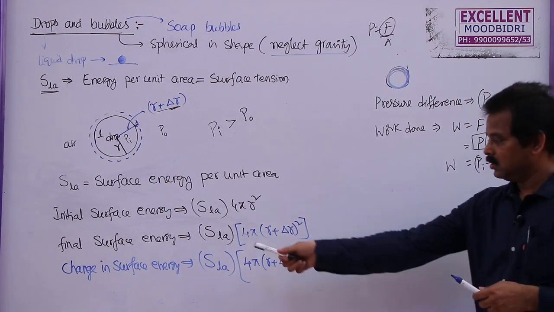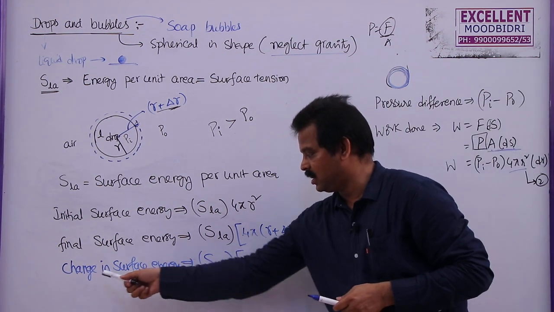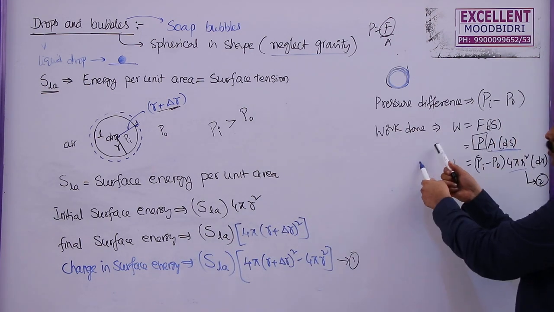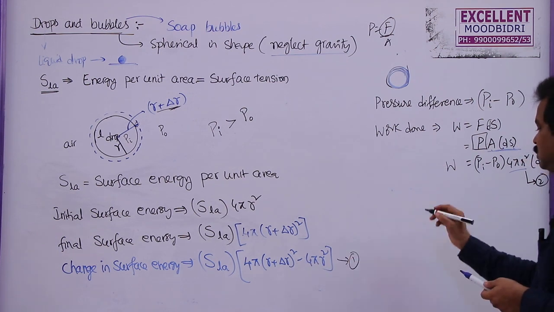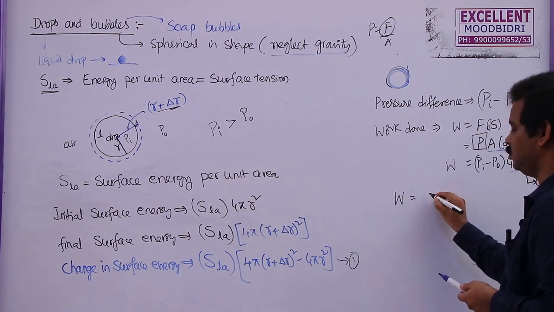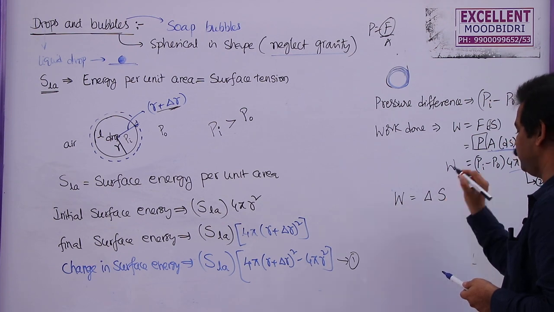We know that the surface energy has increased due to this work done. So according to the work energy theorem, this work done must be equal to the change in energy. So work done is equal to the change in surface energy.